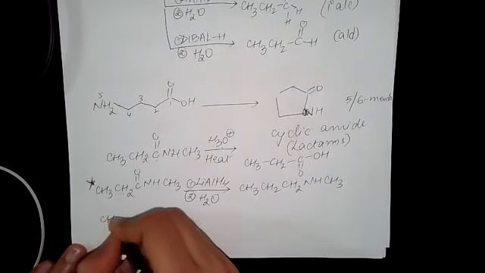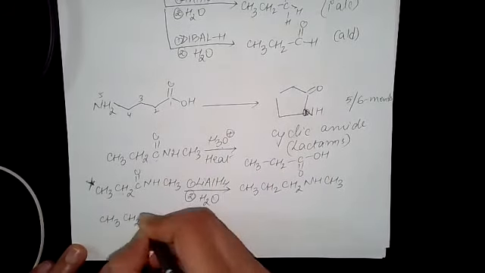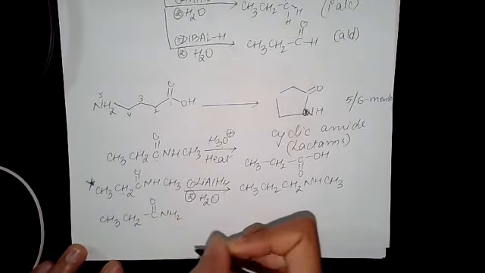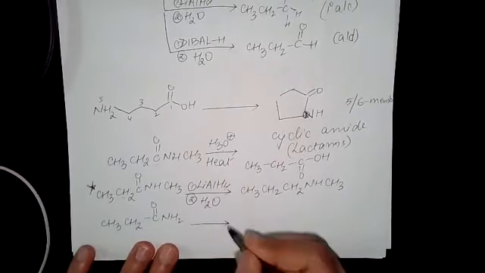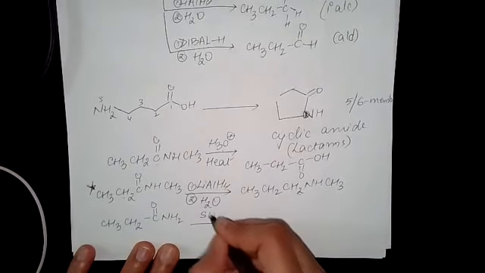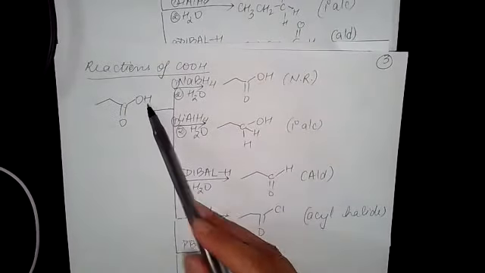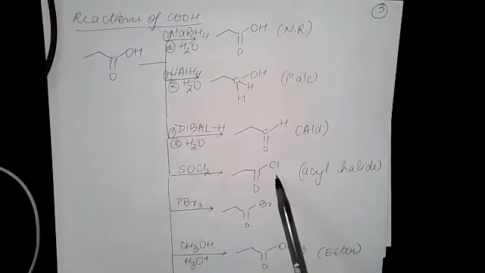Another reaction that is a little different is when you have an amide and you use SOCl2. Now, if you remember, we just did SOCl2 where the Cl replaces the OH. That's all that Cl does in SOCl2.